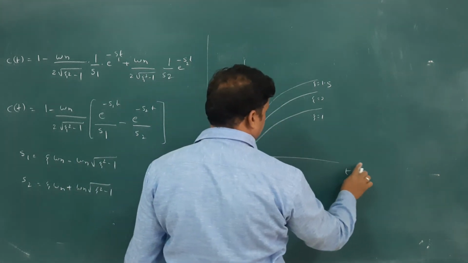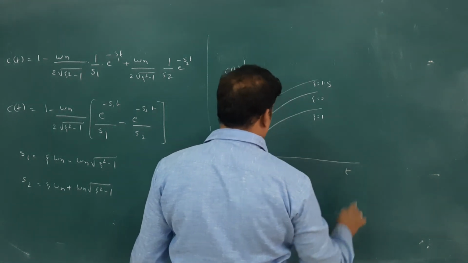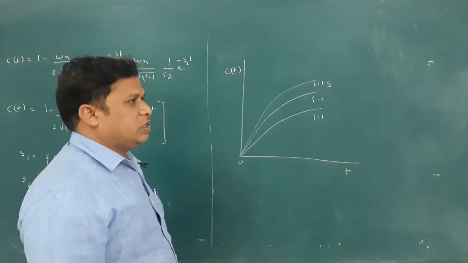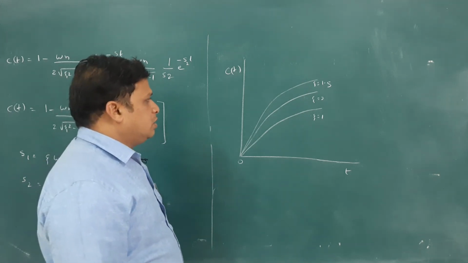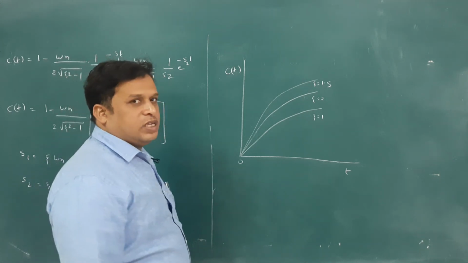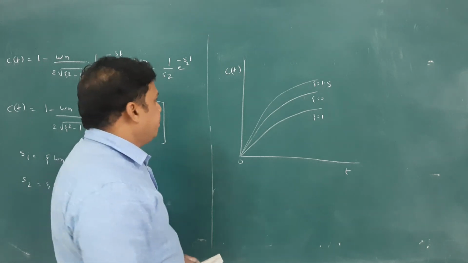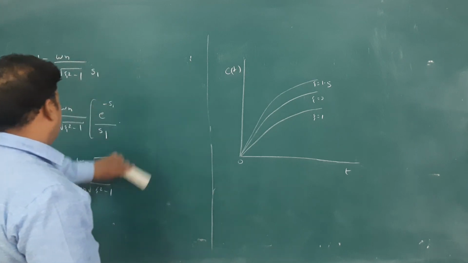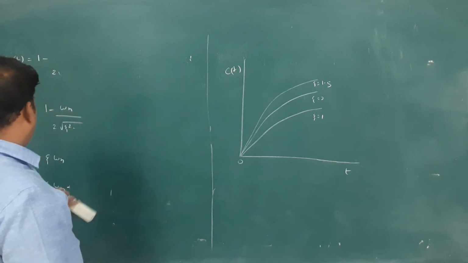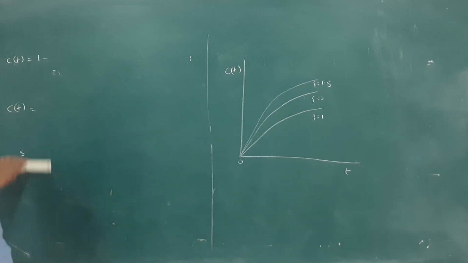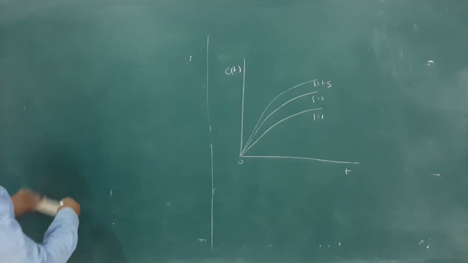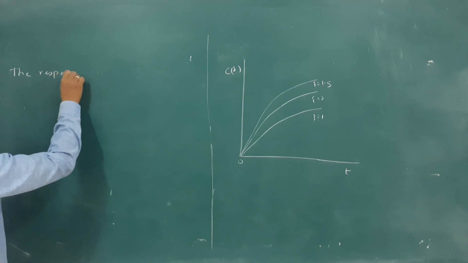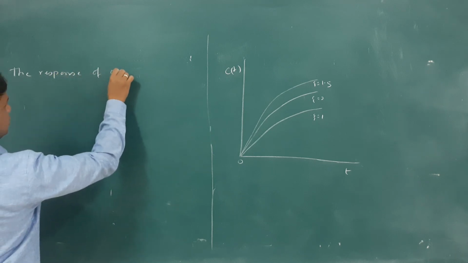Here we can observe that this second order system has no oscillations, but the response takes longer time to reach the final steady state value. So we can write the conclusion here that the response of the overdamped case has no oscillations.